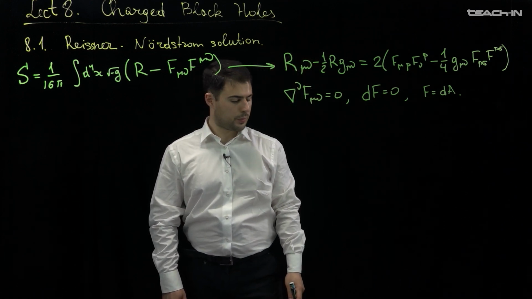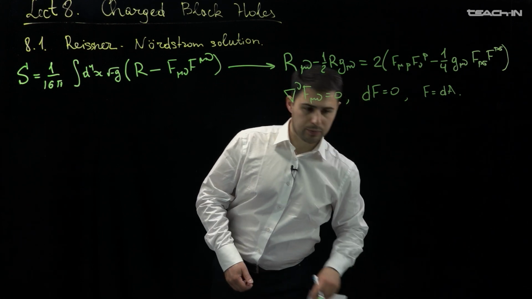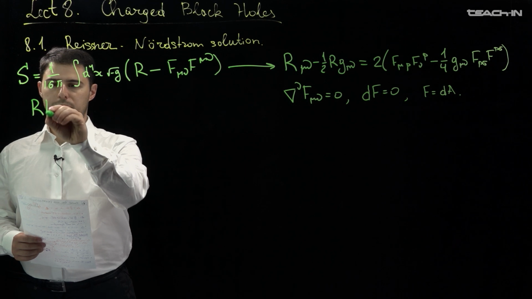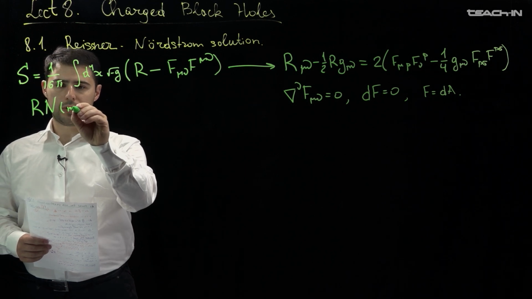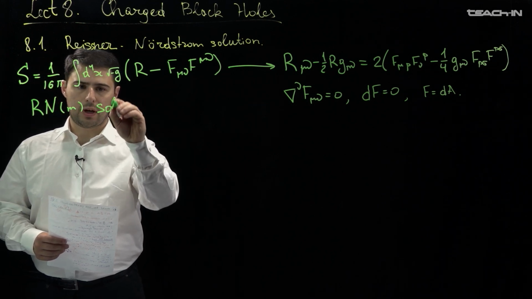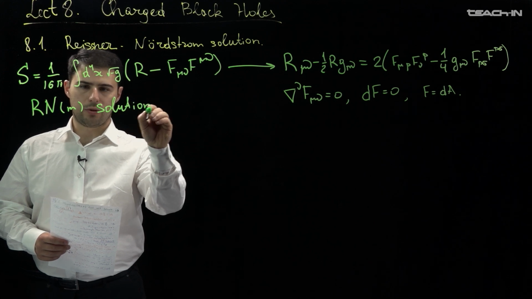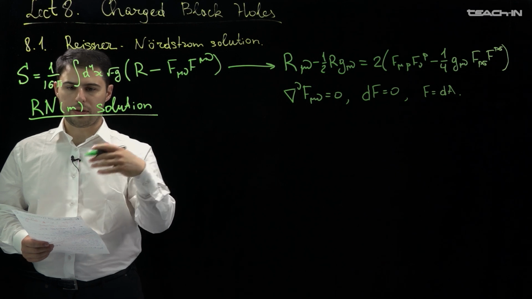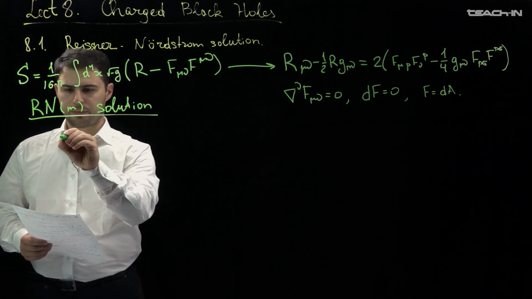Good. So the Reissner-Nordström solution, which was found soon after the Schwarzschild solution, is given by the following metric.